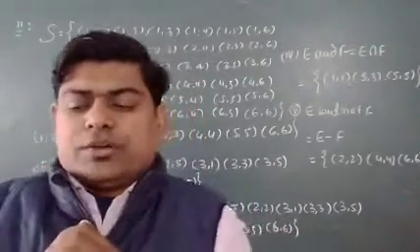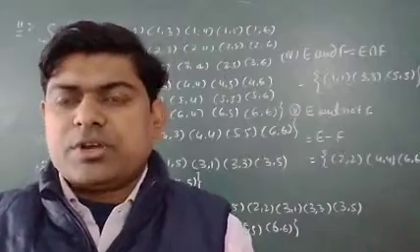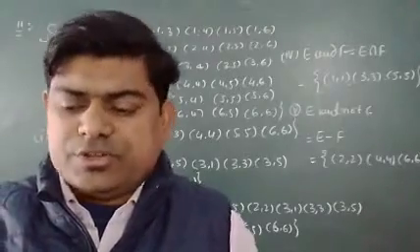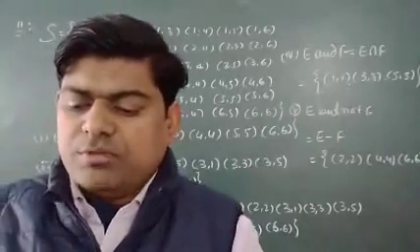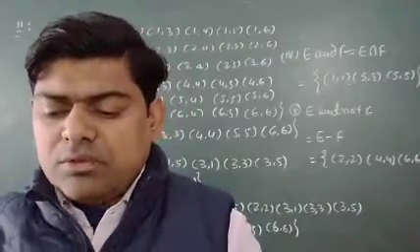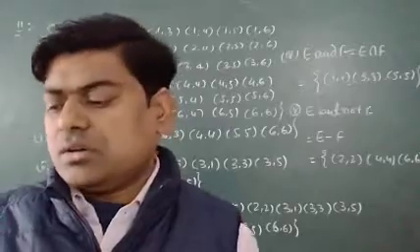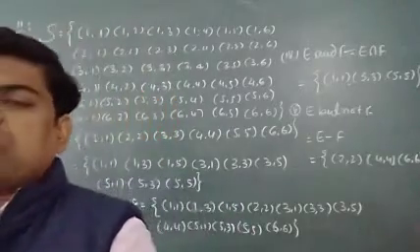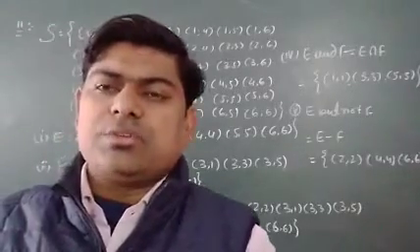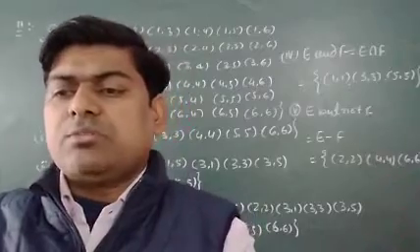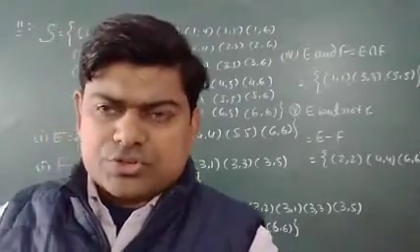If there are two boys, they can be written as B1, B2, and girls can be written as G1, G2, and G3. And now events are there. If A is the event that both selected children are girls, it can be G1 G2, it can be G1 G3, it can be G2 G3.